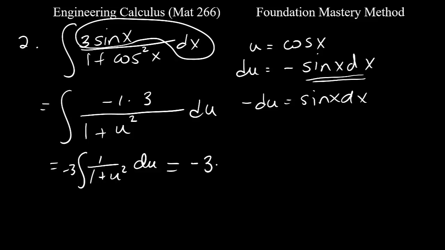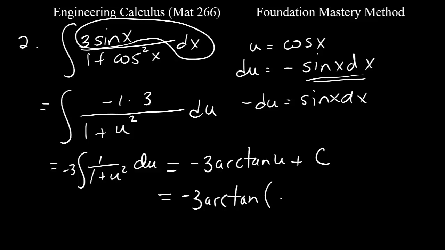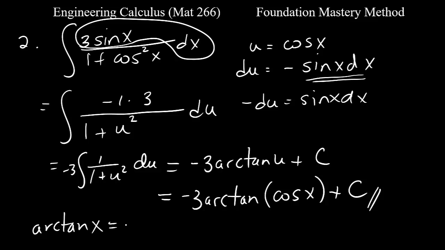So this will be minus 3 times the arctangent of u plus a constant of integration, and then finally, back substituting, we'll have minus 3 times the arctangent of the cosine of x plus a constant of integration. Note that sometimes the notation for inverse tangent is either arctangent of x or inverse tangent of x.